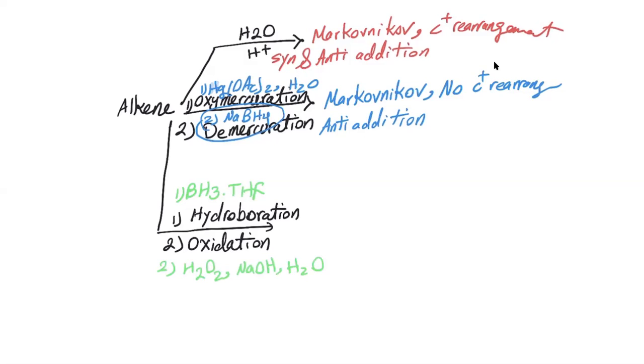Hydroboration oxidation is anti-Markovnikov addition. The product is anti-Markovnikov. There is no rearrangement. And it's a syn addition, which means hydrogen and OH will add to the same side of the double bond. And we will go over the mechanism of action.